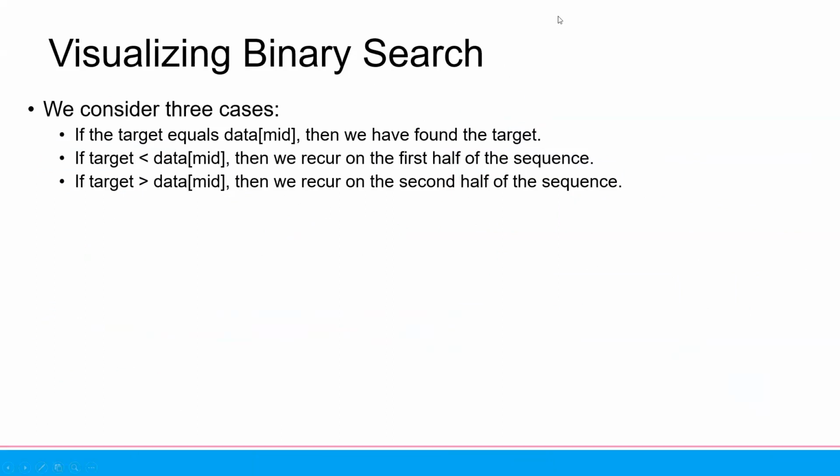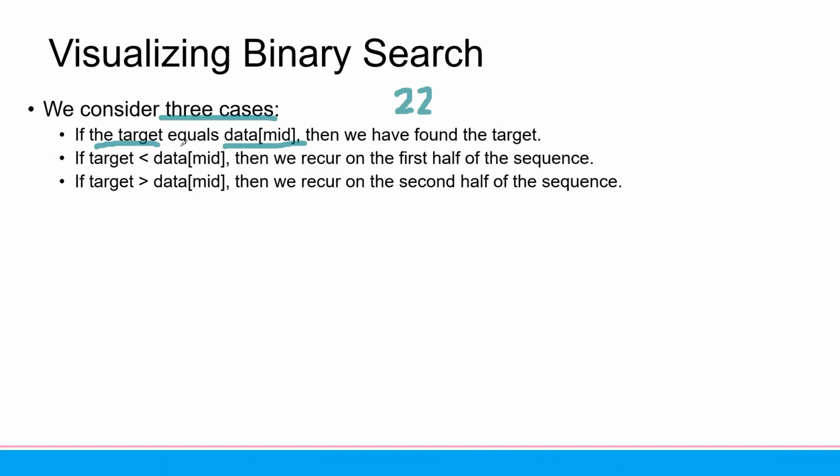In the binary search, we consider 3 cases. In the previous example, I want to find the number 22. So I know the target is 22, and I need to check the middle data.